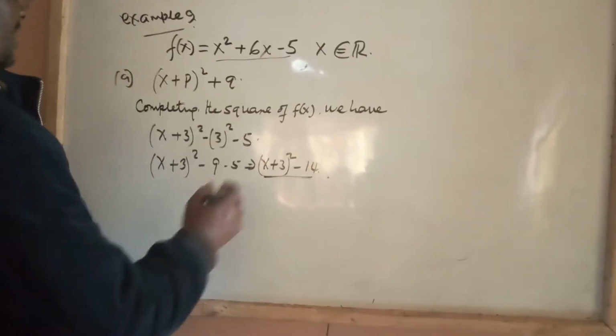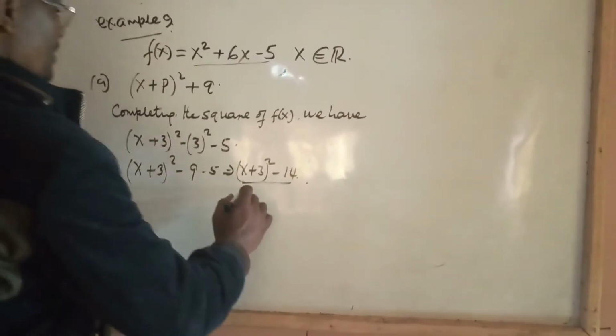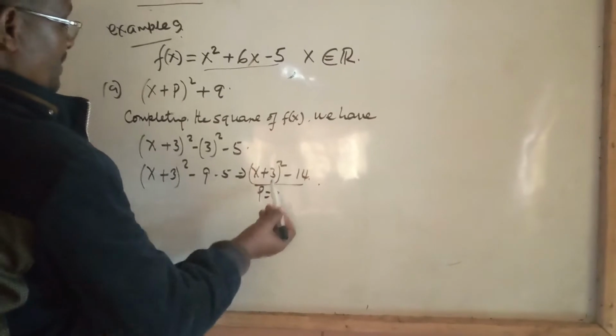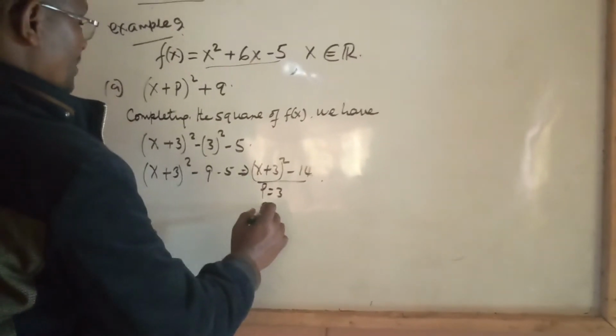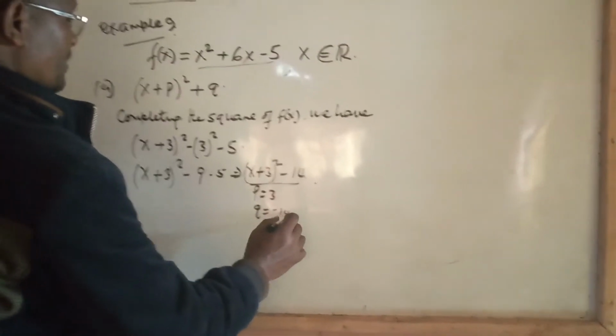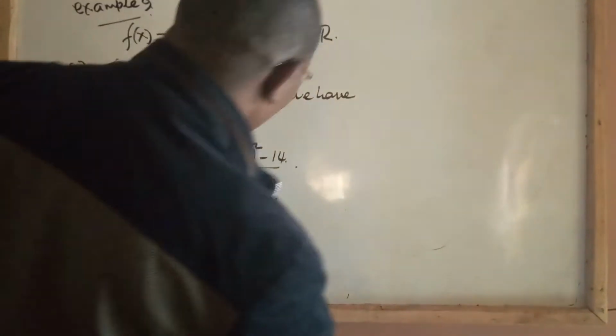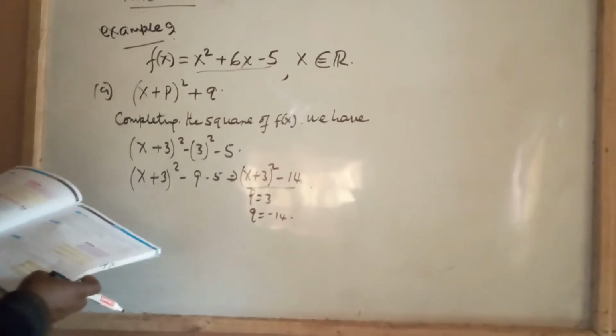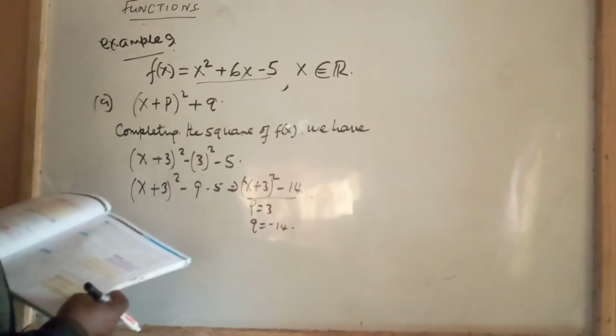You can already see that in this particular setup, p is 3, and q is negative 14. That is as far as part A of the question is concerned.